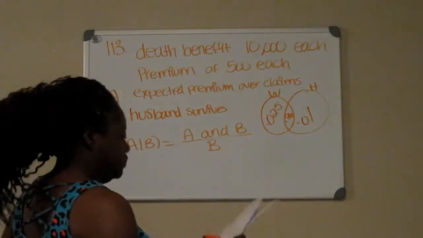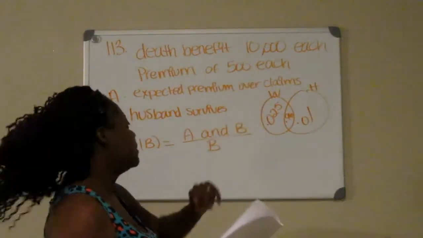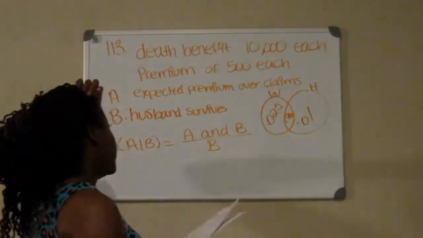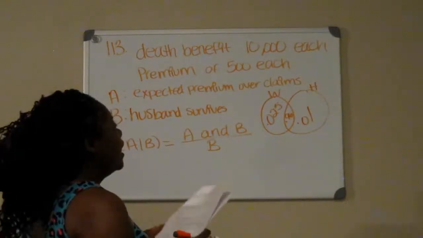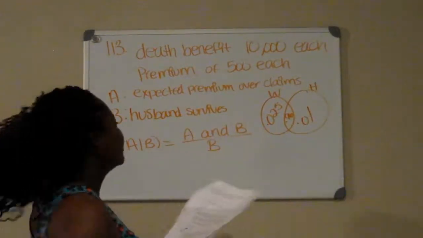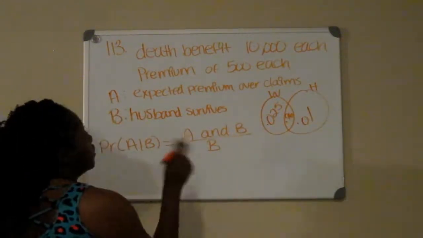The total is not equal to 1. Maybe there's some extra stuff on the outside. Anyways, this is what we have, and this is how I'm going to look at it. I don't know what other scenarios there could be out here. Oh, both of them died. Okay, well, this is what we have. And basically, we just care about the husband surviving.